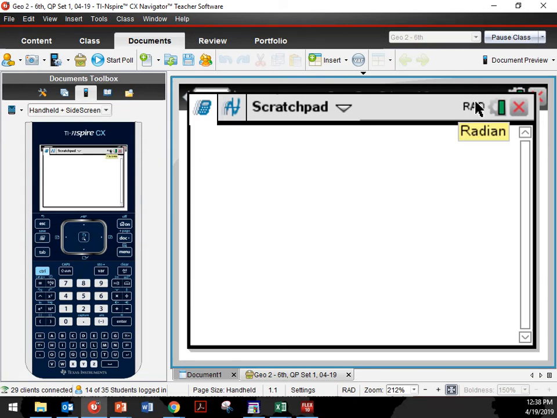Mine says radian. This is where you look to see if it's going to be degree or radian. What's radian for? Radian is measuring a circle in terms of pi. So a whole circle is 2 pi in radian. It's what we use in trigonometry and calculus. In calculus, everything is measured by radian.